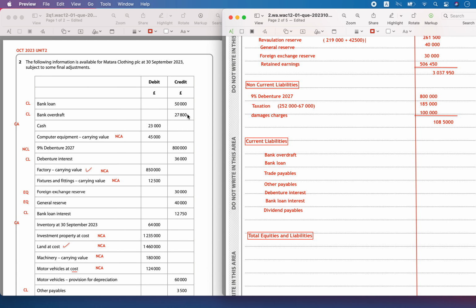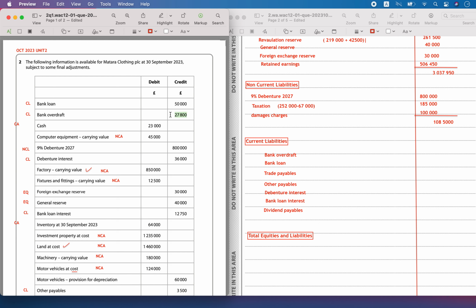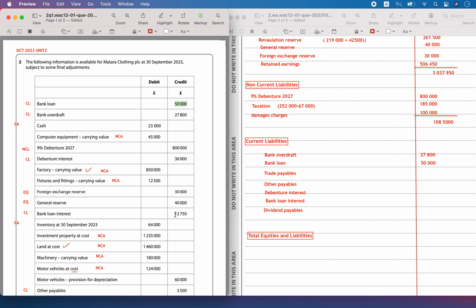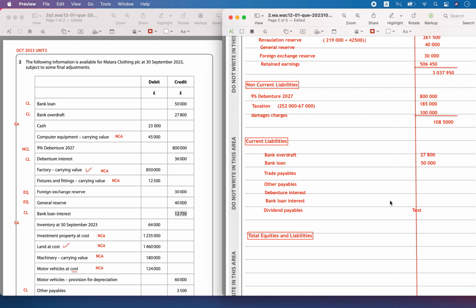The bank overdraft is 27,800, and there has been no change to it. Bank loan is 50,000 and bank loan interest is 12,750.